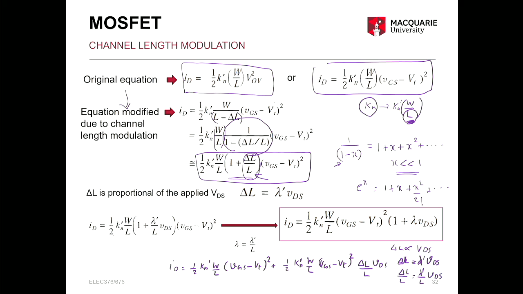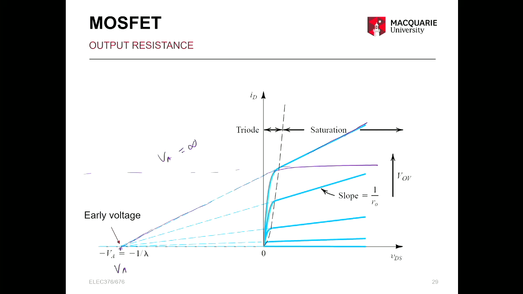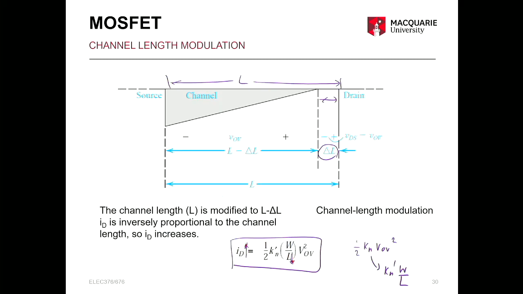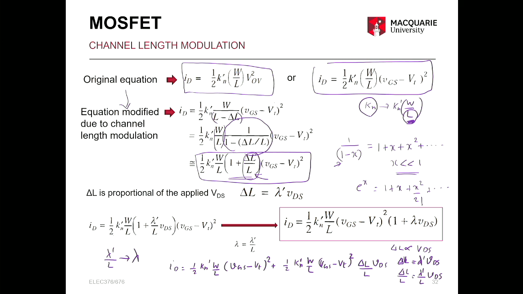We call that lambda dash divided by L as lambda. So this is the lambda that you saw here as the inverse of early voltage, by definition by the discoverer. So that equation is finally rewritten as this one.